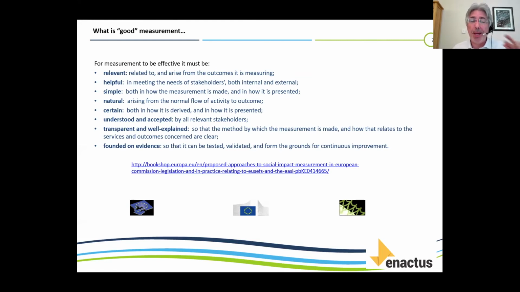They actually go in pairs, so it's relevant and helpful, simple and natural, certain, understood and accepted, transparent and founded on evidence. So you can have a look at those later on. They're really good steer towards what can be a really good form of measurement for a social intervention. On to the next one, Ali.